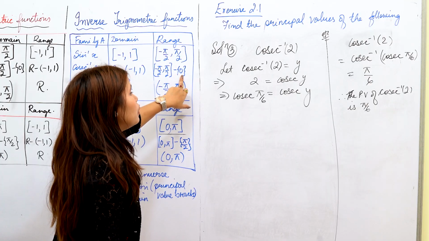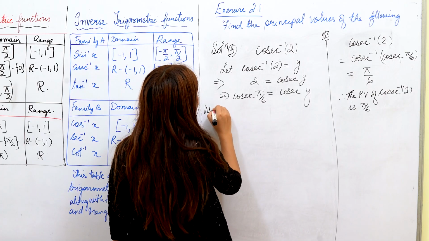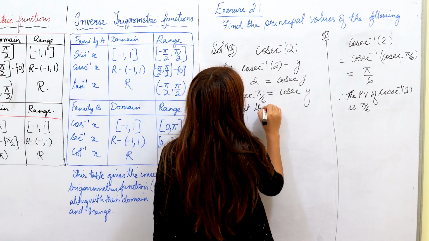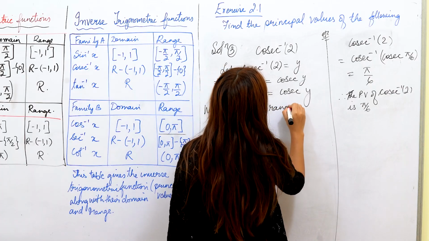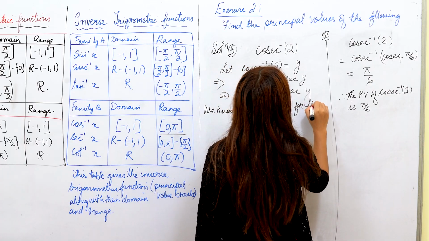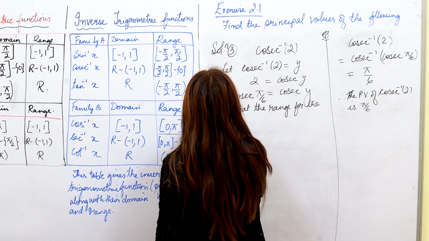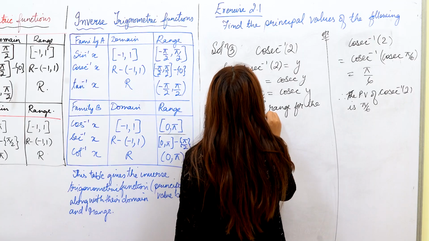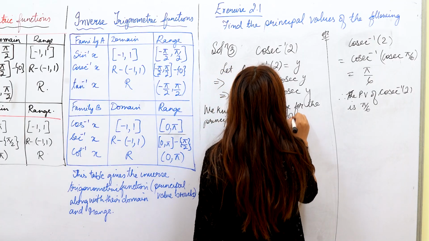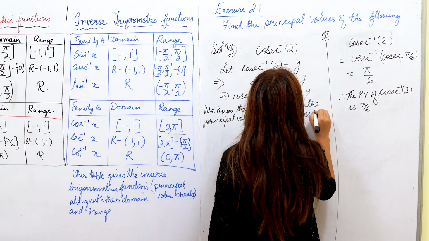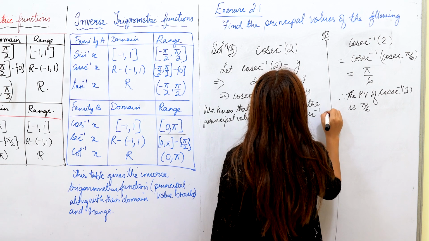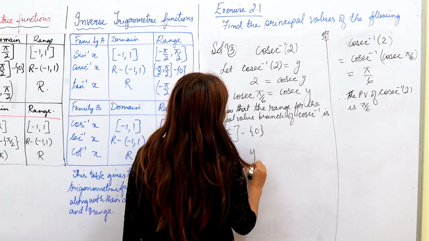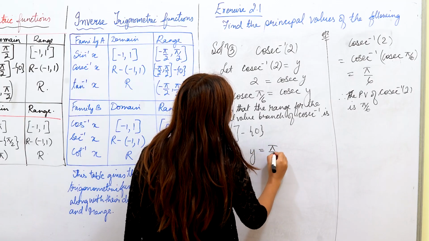Then we know that the range for the principal value branch of cosec inverse is minus pi by 2 to pi by 2, excluding 0. This implies y equals pi by 6.